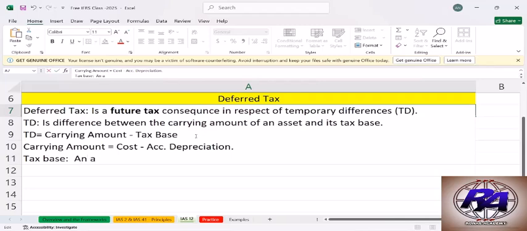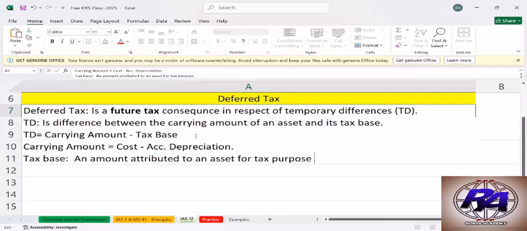So an amount attributed to an asset for tax purposes is what we call tax base.